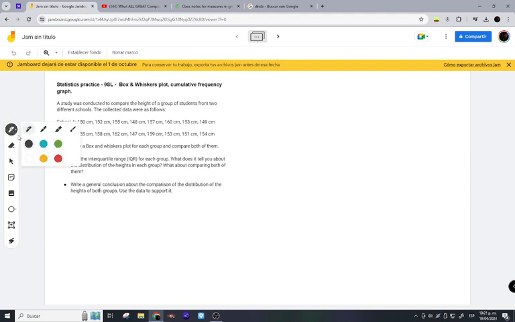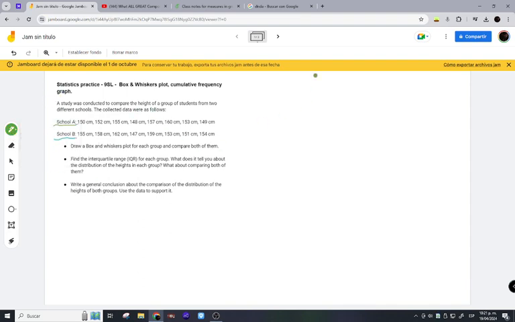basically gathering the information that we need in order to create the box and whiskers plots. So I am coding with green school A and maybe with blue school B, so it's easy for you when you watch this video.